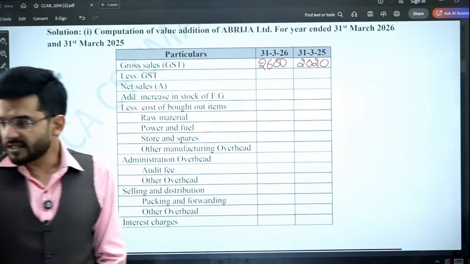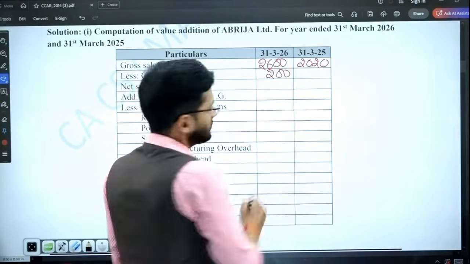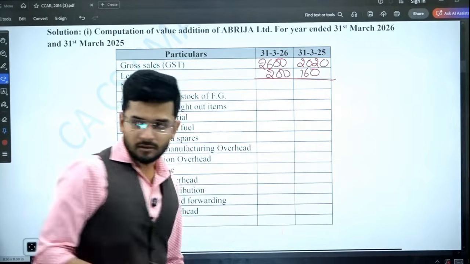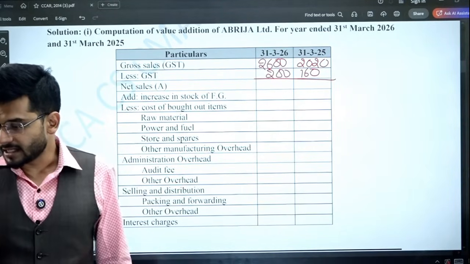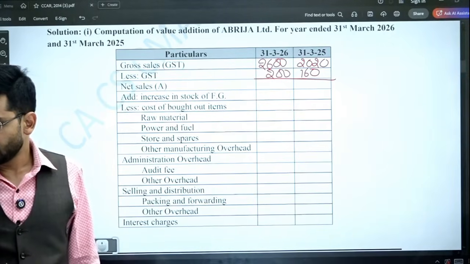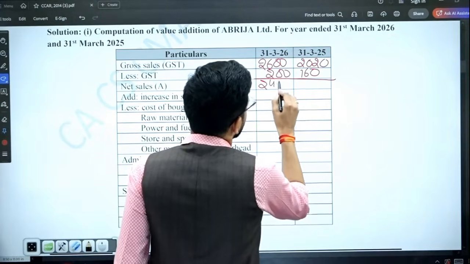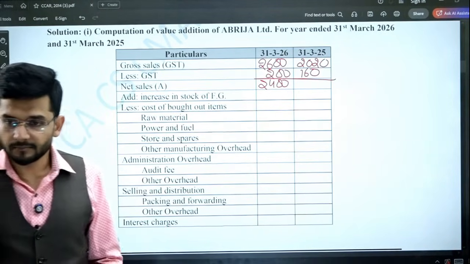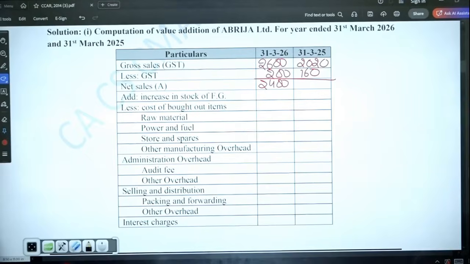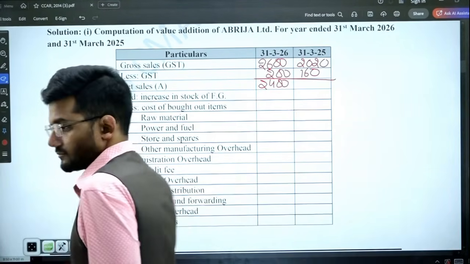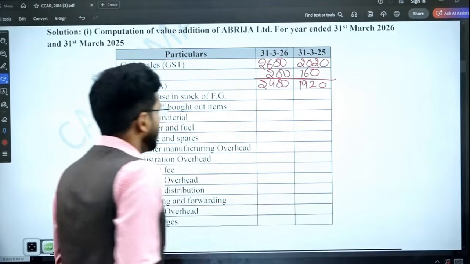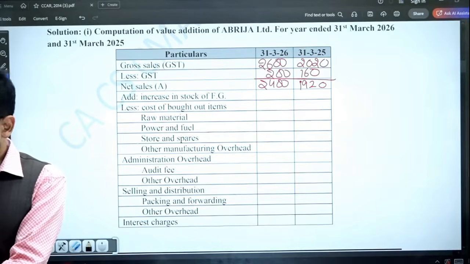We are going to reduce the GST from it. GST amount is 200 and 160. Taxes are not required to be included, so taxes will be excluded. Then the net sales come out to be 2400 and 1920.